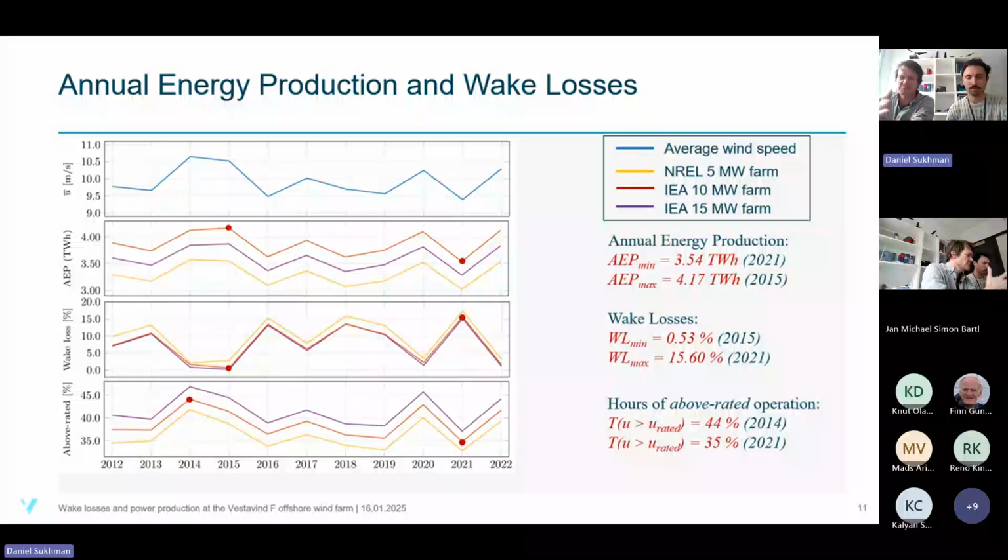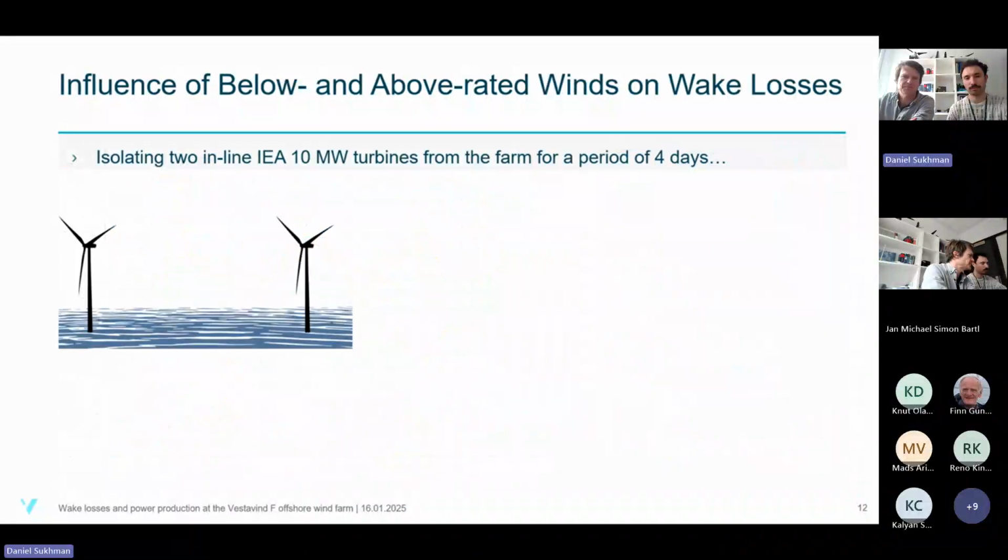And this might seem not so big a difference in numbers, but actually we saw that it had quite some effect on those production hours. So in order to analyze this in a little more detail, we just picked out an example now of two turbines that are in line.